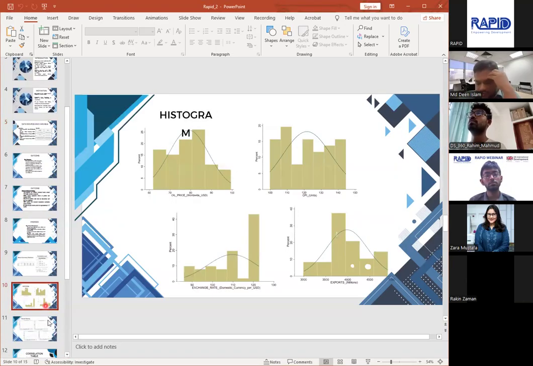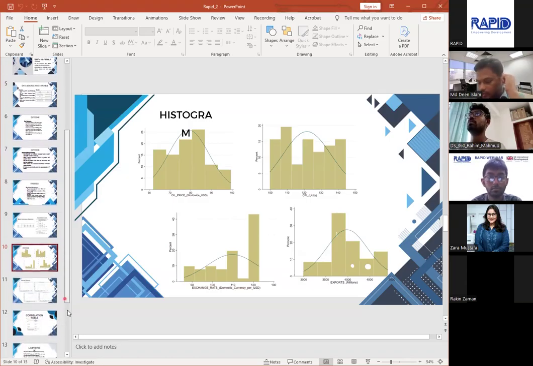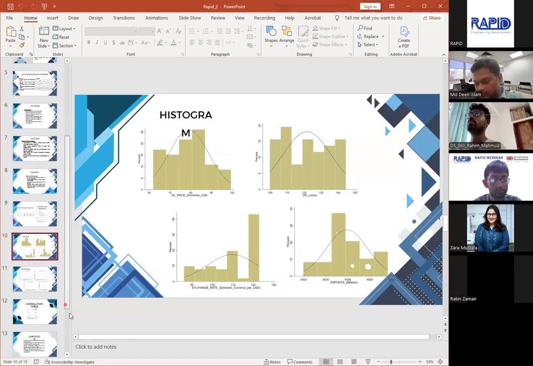For example, in case of export, it is ranging from 3,000 million to 5,000 million, right? More or less. That implies 3 billion to 5 billion. But our export, we know, is at least about 50 billion. And I'm not sure what this kernel density indicates.